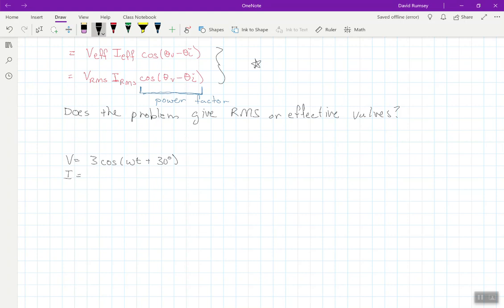I is equal to 1.5 sine of omega t plus 120, let's do 140 degrees amps.